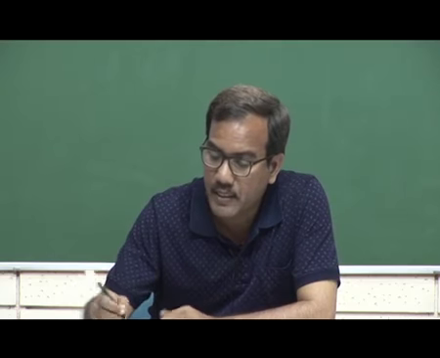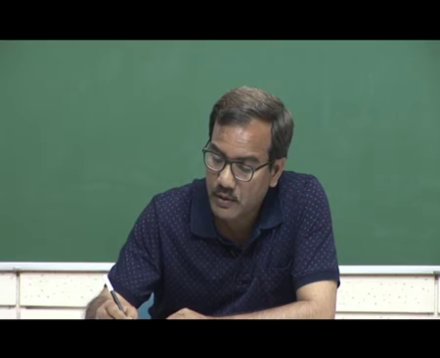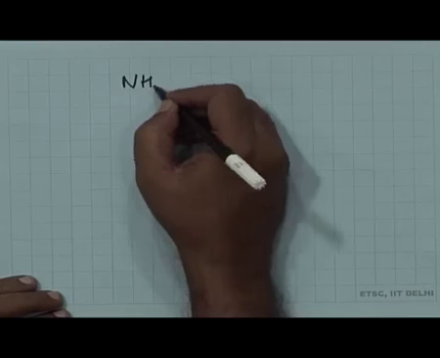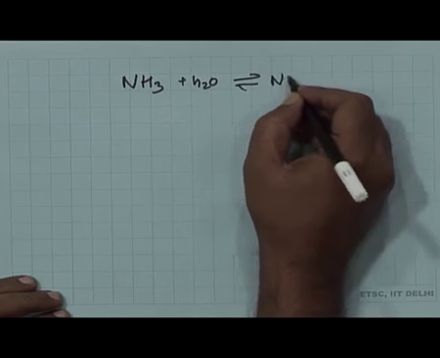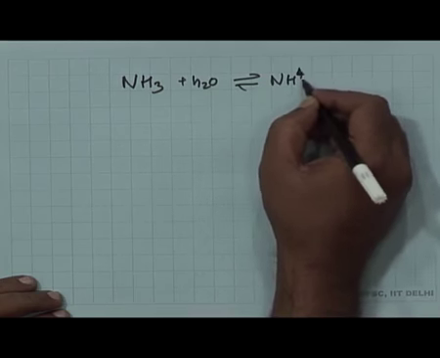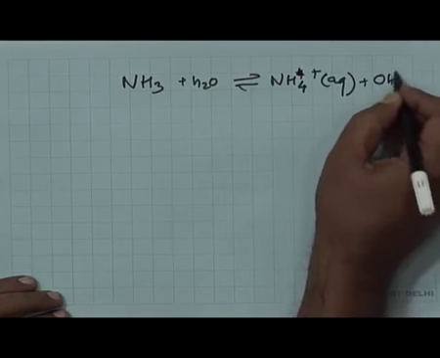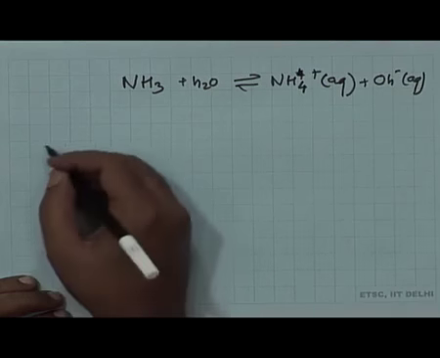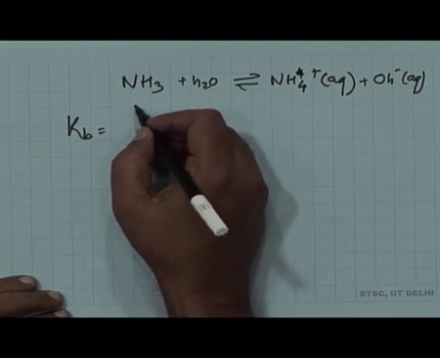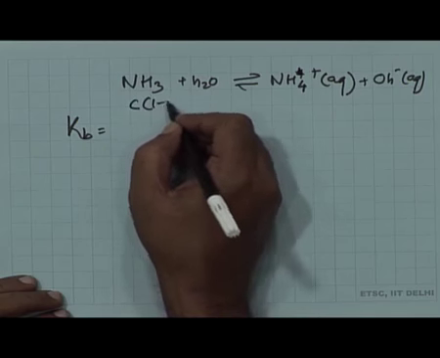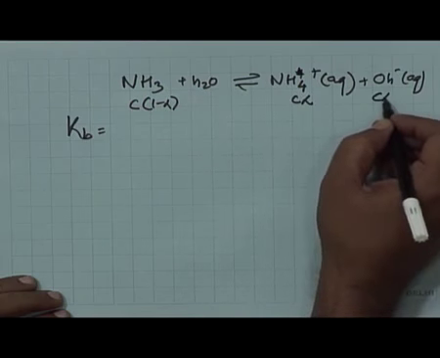For example, in this case I have shown you how the H plus ion concentration can be calculated. Now, similarly, we can take another example of a weak base. For example, we can start with ammonia solution, giving NH4 plus aqueous plus OH minus aqueous. So, Kb is equal to, similarly here we can write C into 1 minus alpha, which is almost constant, C alpha, C alpha.